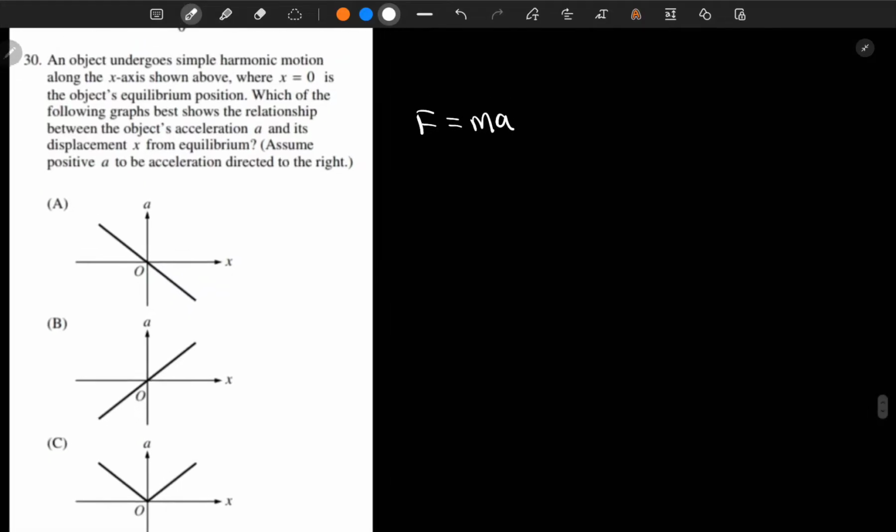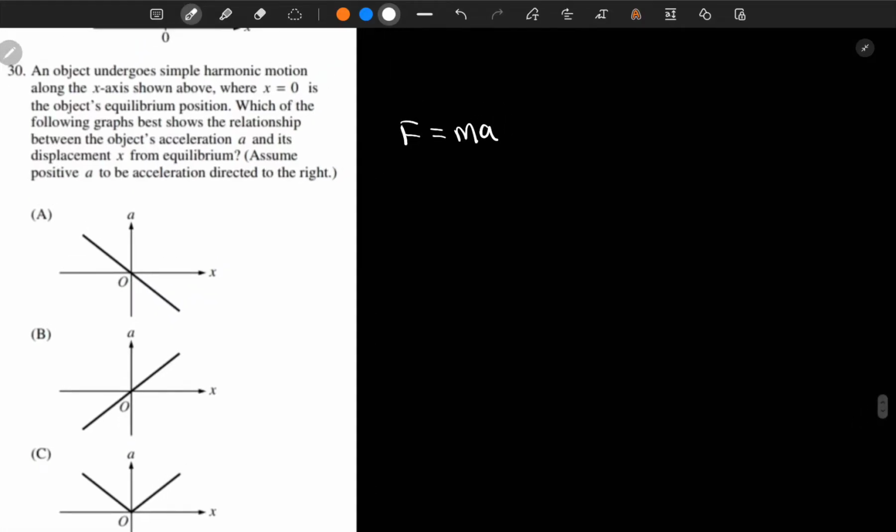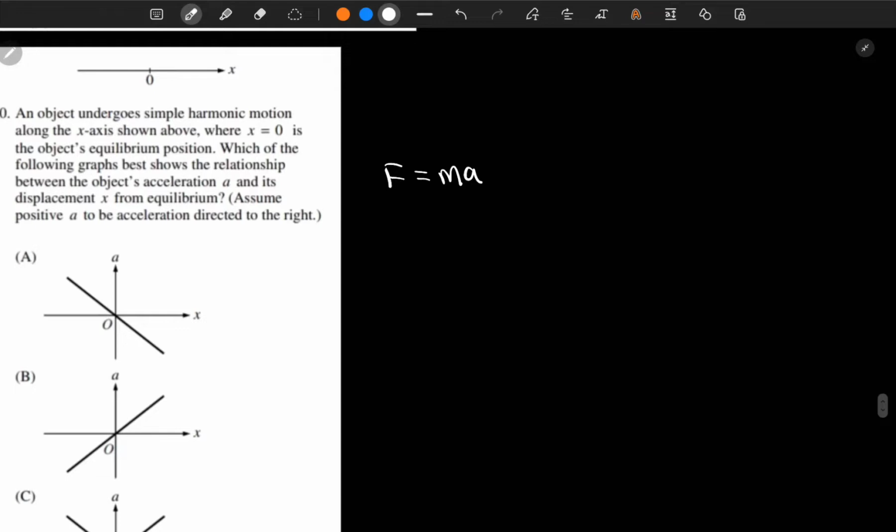So, we know that the force F is equal to ma, and because this is simple harmonic motion, we know that this is equal to negative kx, or the spring equation, because that is our simple harmonic force. So, solving for a, we find that a is equal to negative k over m times x.